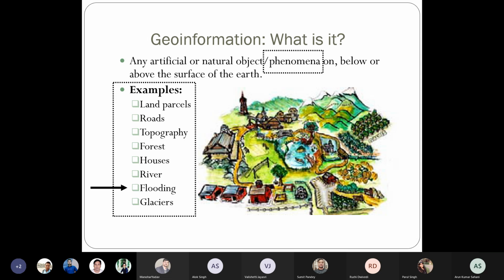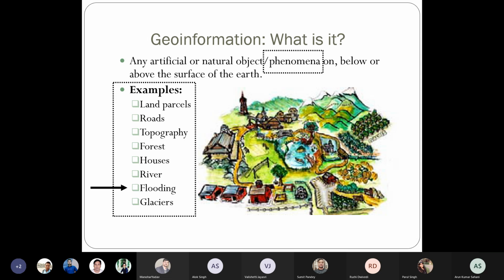Then houses, river, flooding, which is a kind of phenomenon, and glaciers. All these are geoinformation, and the details of the geoinformation are recorded using remote sensing techniques, in terms of their geometrical detail and their radiometric detail.